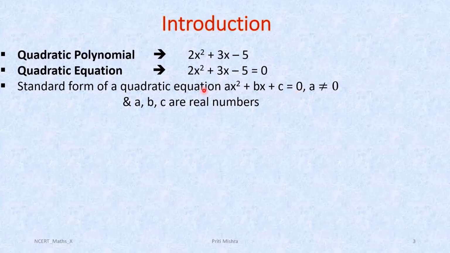Then it will not be a quadratic equation. So for this equation to be quadratic, a should not be equal to 0. And a, b and c are all real numbers, and x is the variable here. So this is the standard form of any quadratic equation.